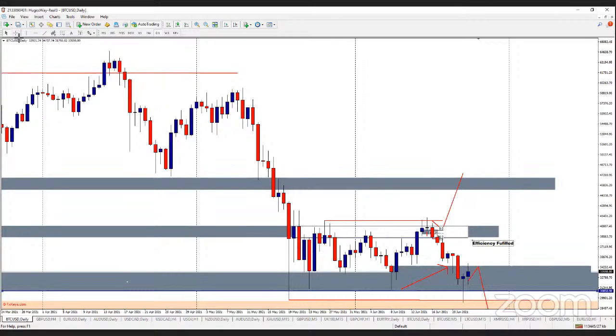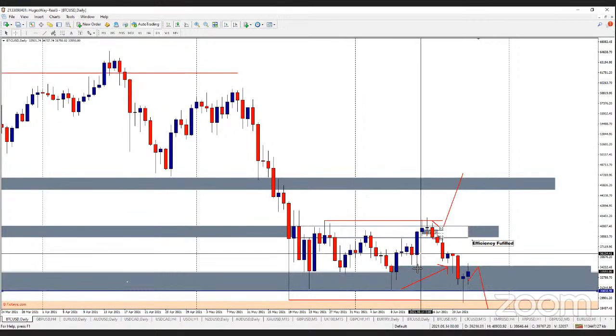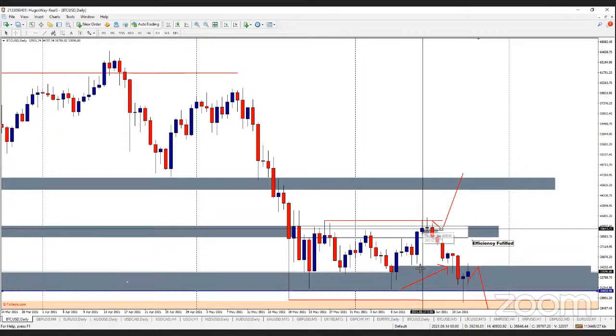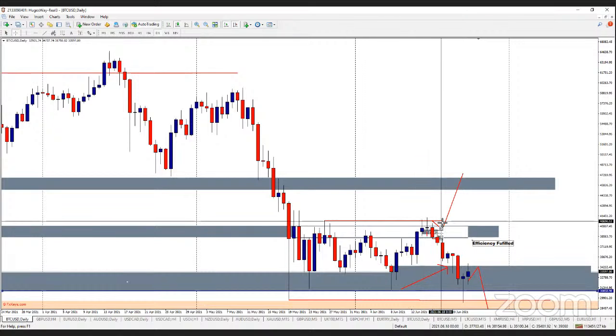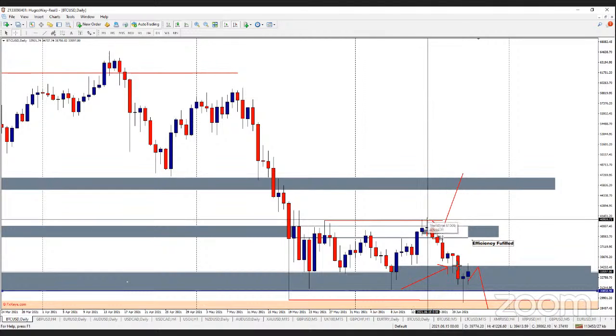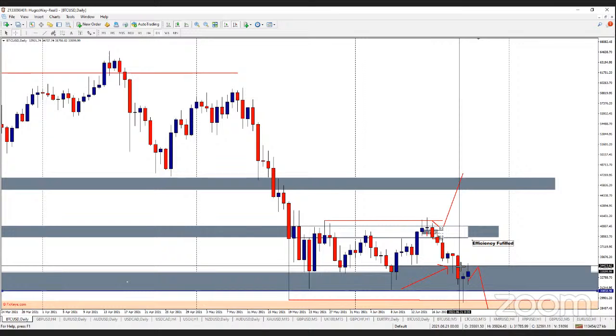Now, again, we can recap from what we were saying yesterday. When the price went long here, we didn't have an efficiency fulfilled of this order block. So as I said, no matter what happens on the news, whatever they say, the price was going to come back here and push for at least to fulfill efficiency, whatever the reason.